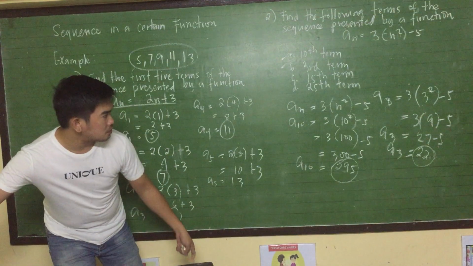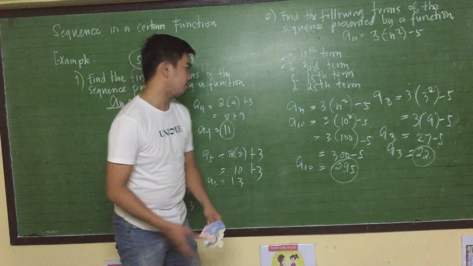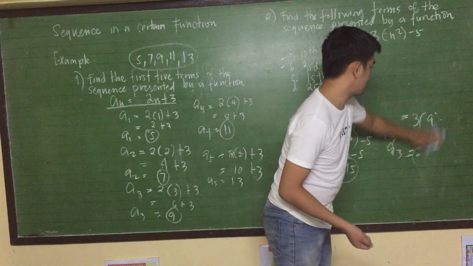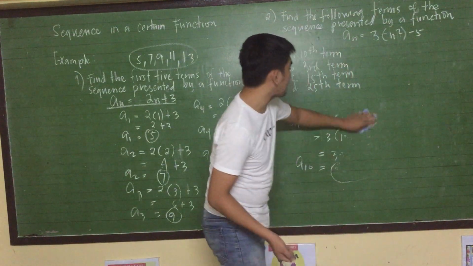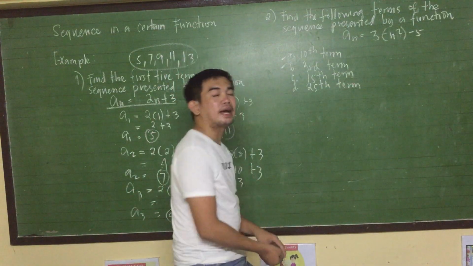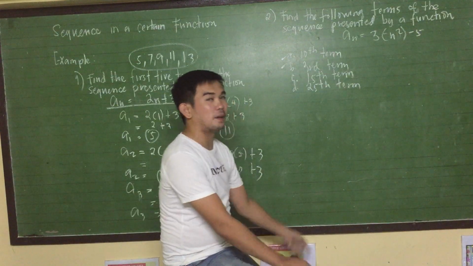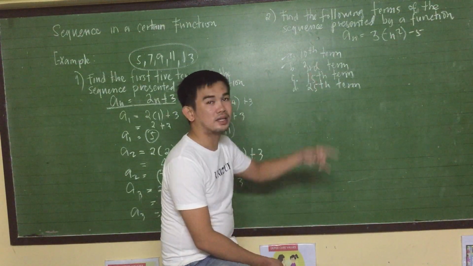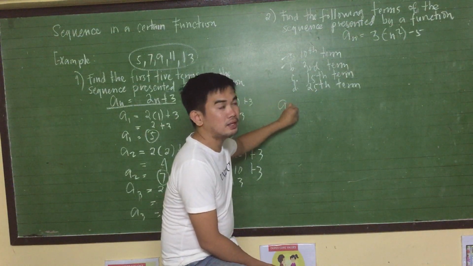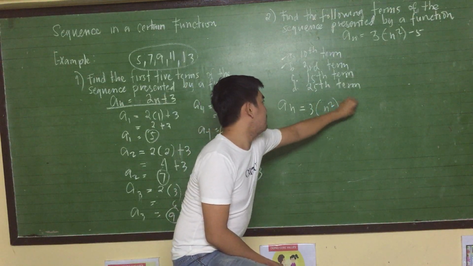Okay, now let us move forward to letter C, which is the 15th term. Let me erase the writings at the board first. In our third item, we are looking for the 15th term. So we will substitute 15 into n in the function. Use the same function, a sub n is equal to 3 times n raised to 2 minus 5.